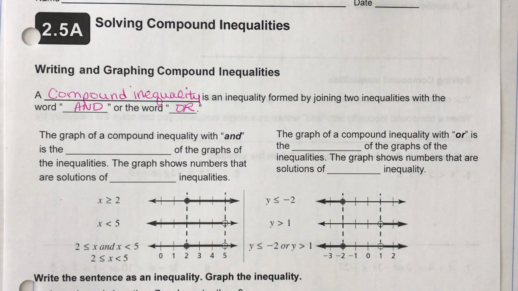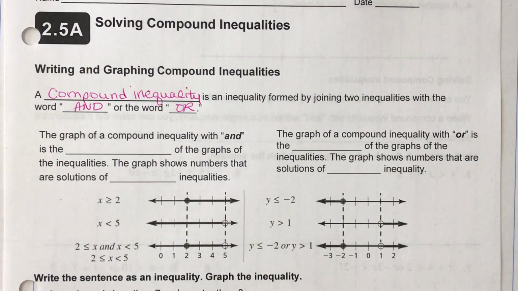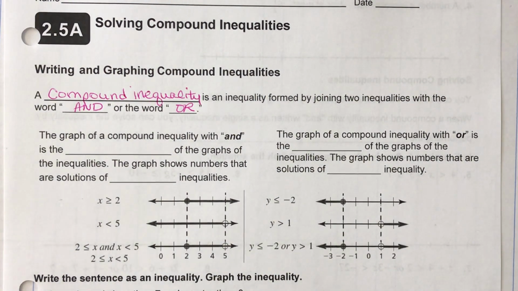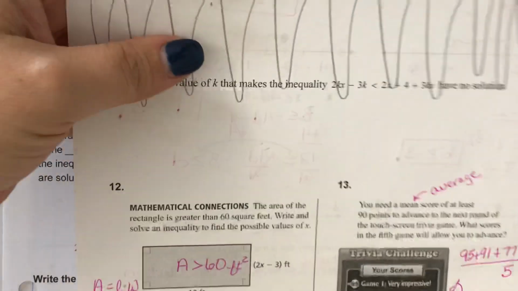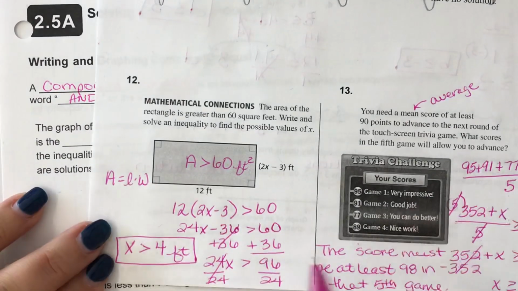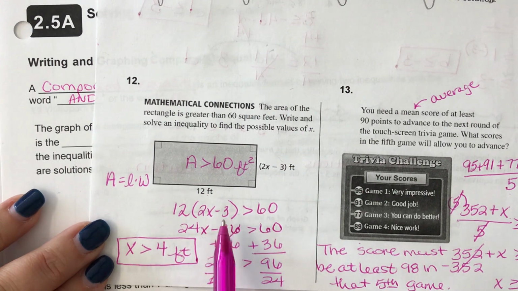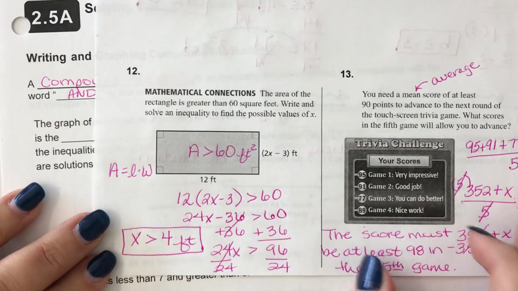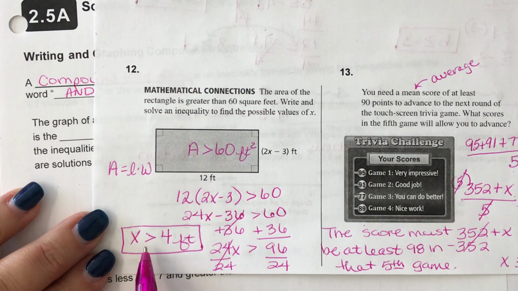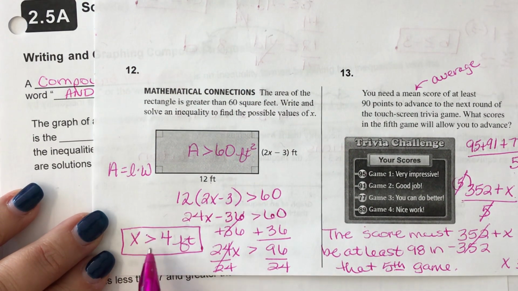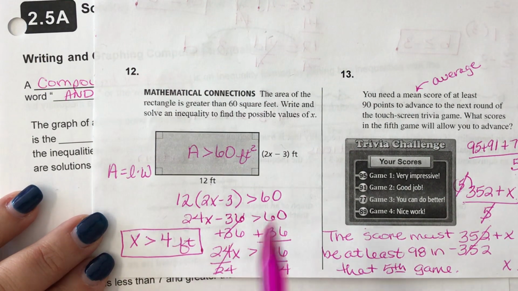We've had a few like this actually already. For example, I'm going to pull our notes from a day or two ago when we were solving number 12. We set up our inequality based on area, we solved for it, and we realized that the values that made sense here were x values that were greater than 4, right?